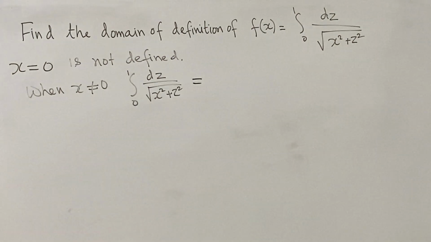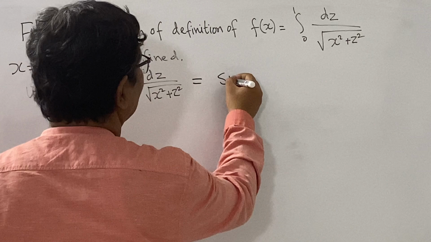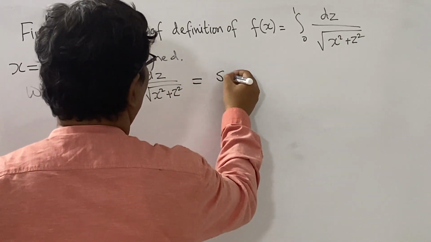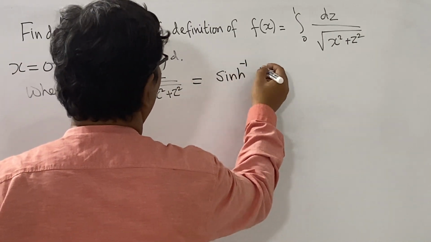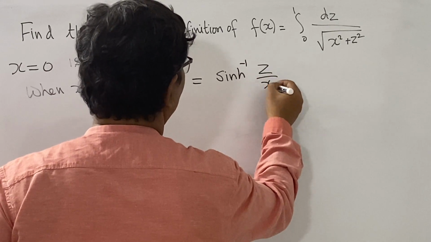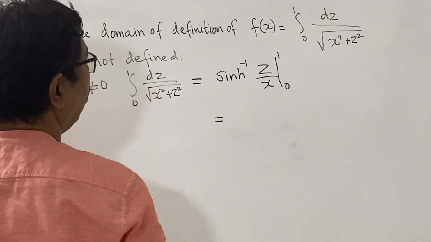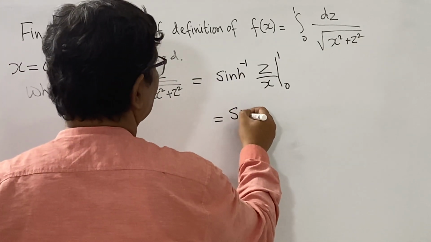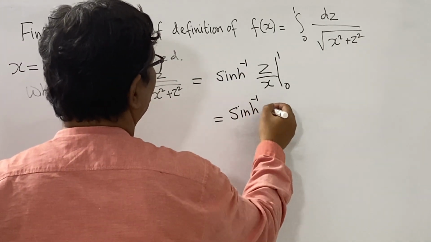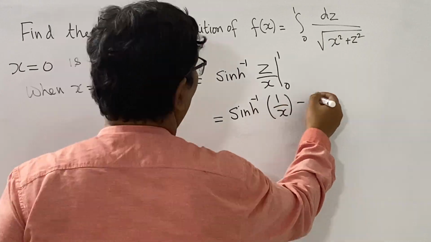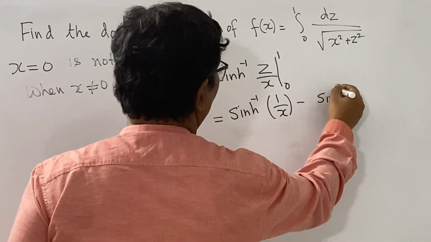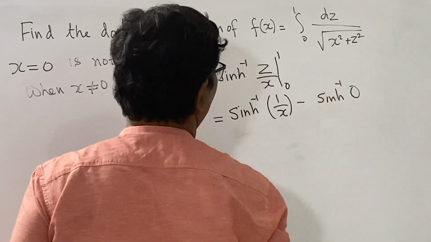From a table of integrals, we can find that this is equal to sinh inverse of z by x, and when we put the relevant values, this becomes sinh inverse of 1 by x minus sinh inverse of 0.